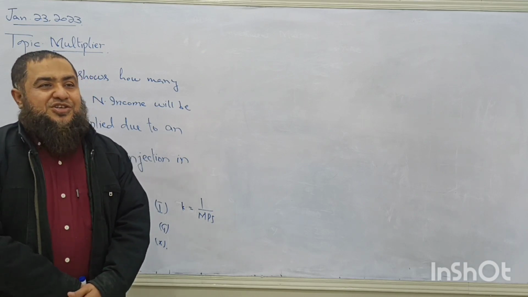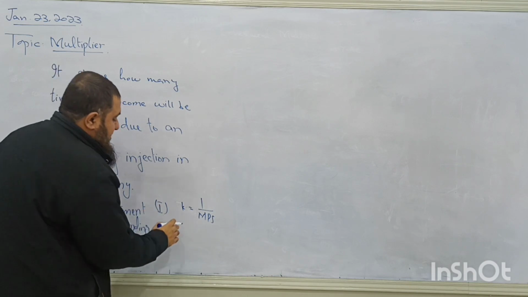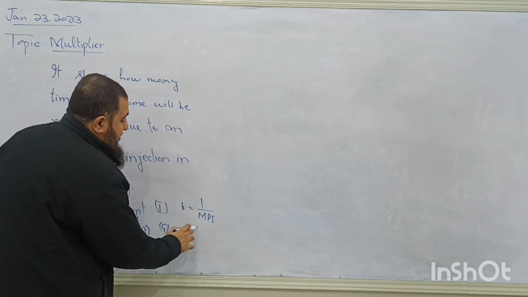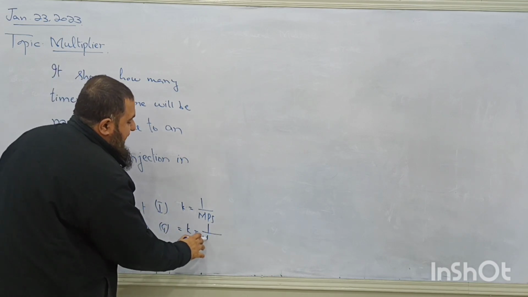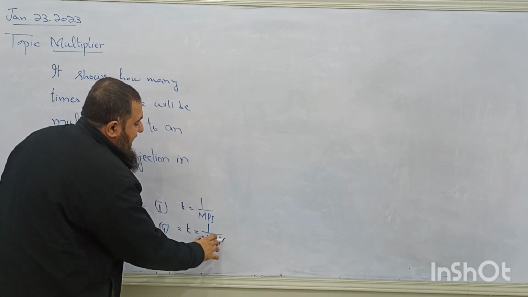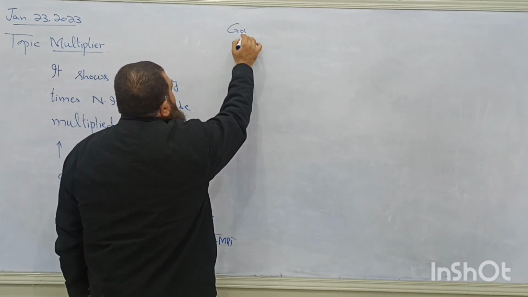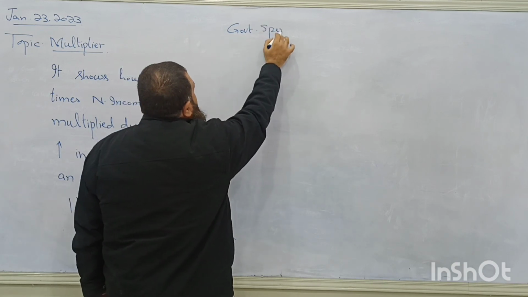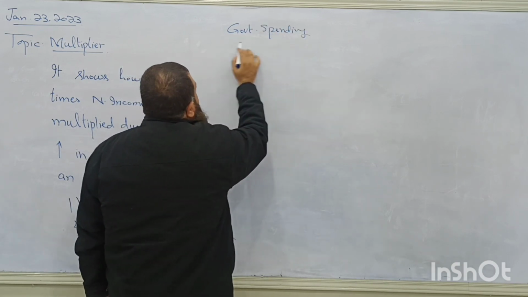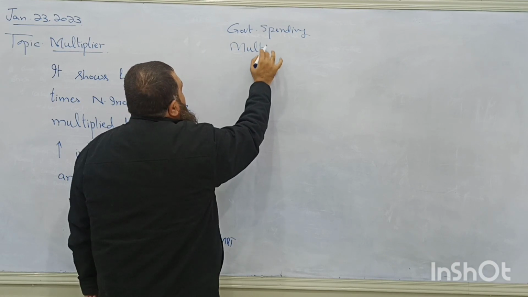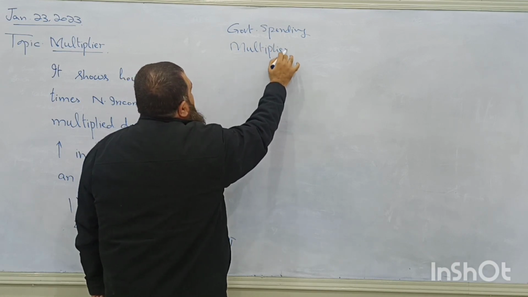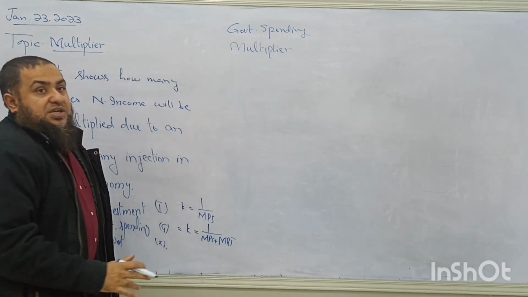Taxes. So its withdrawal will be called 1 over MPS plus MRT. What is MRT? Government spending multiplier. Alright. So its withdrawal is taxes.